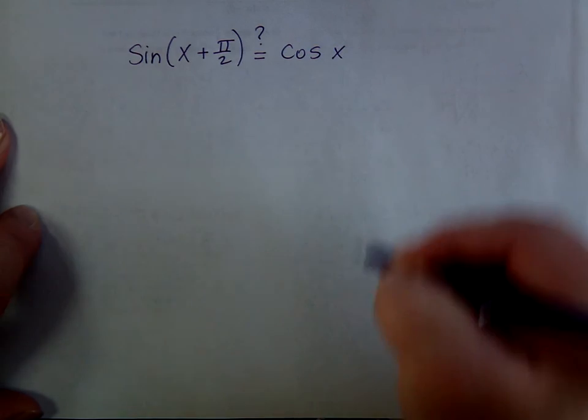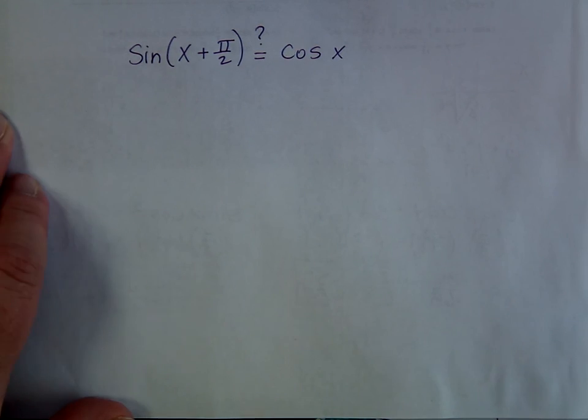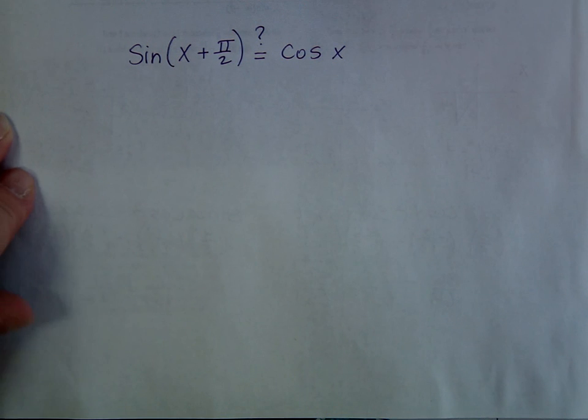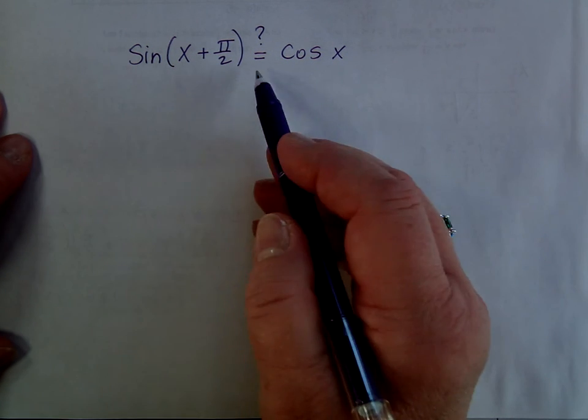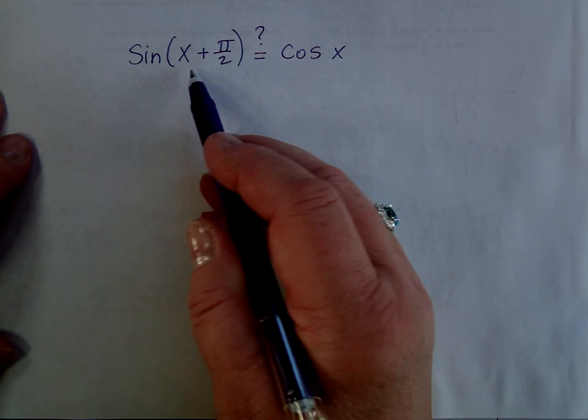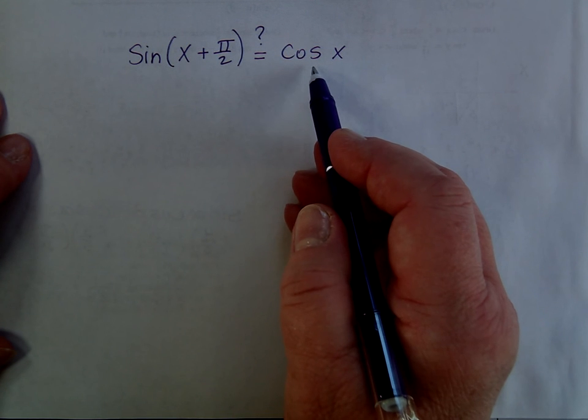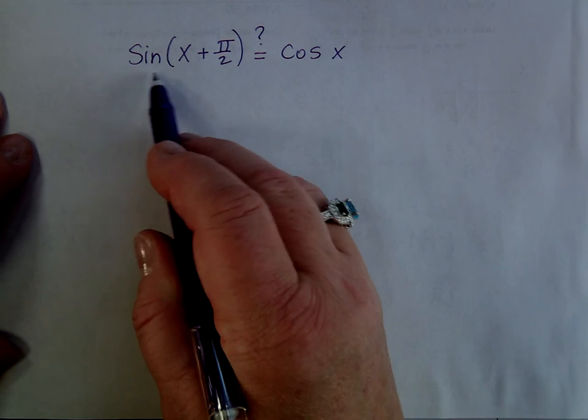This is kind of like those questions that we did back in 11.1, with the day 1, day 2, day 3 things that we did with using the identities. So I have to see, when I add these two up, does it really equal cosine of x? So what you're going to do is expand this using your identity rules for this section.